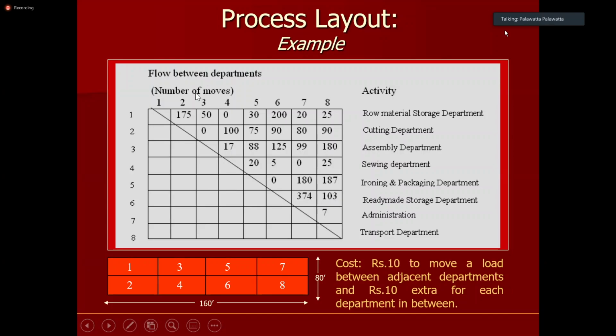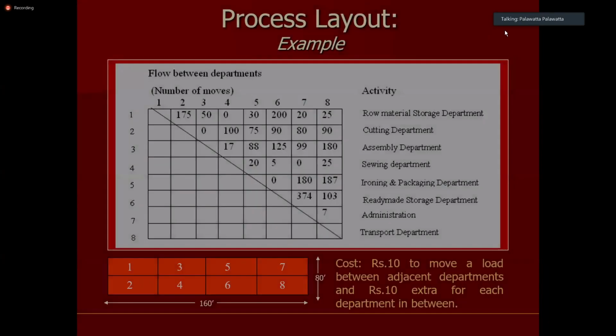Flow between departments, number of loads, right? And then it costs rupees 10 to move a load between adjacent departments, and an additional 10 extra for each department in between.